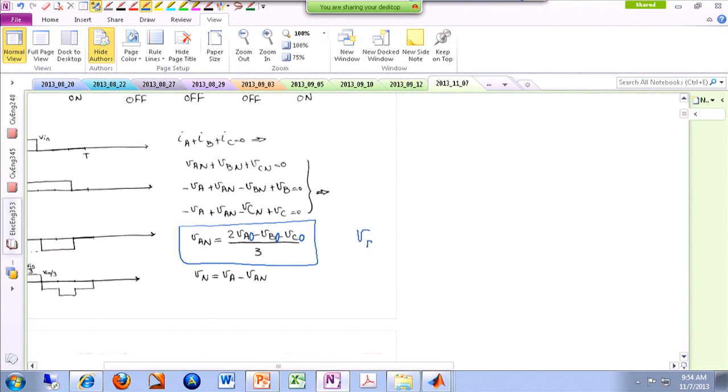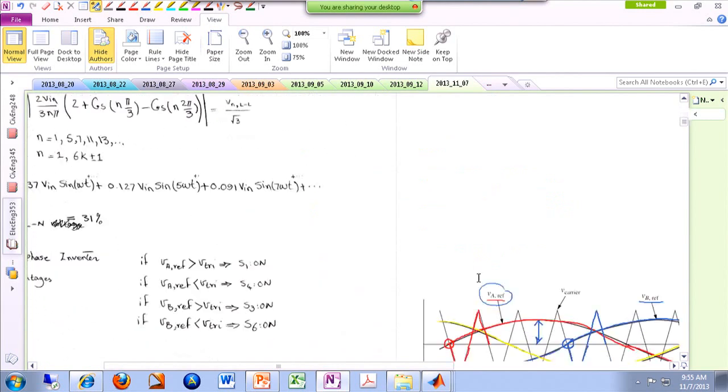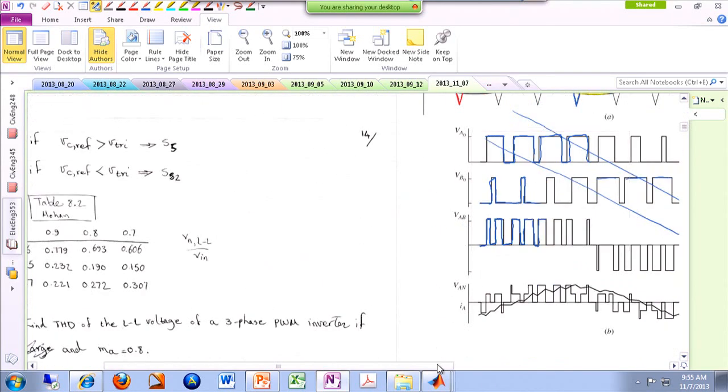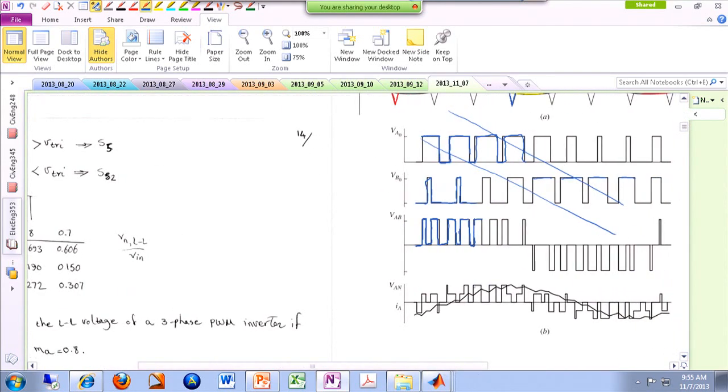The voltage of node B with respect to the neutral point of the load would be twice VB minus VA minus VC over 3, and you can do the same thing for phase C. If you do the math, you end up with a voltage waveform like what you see here.